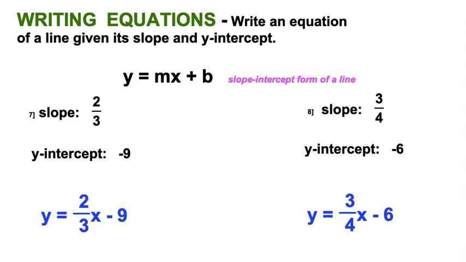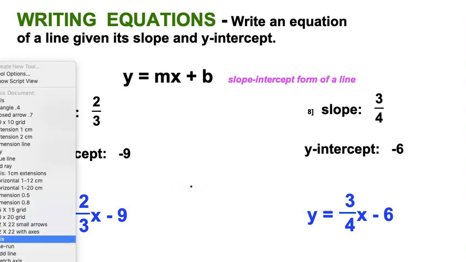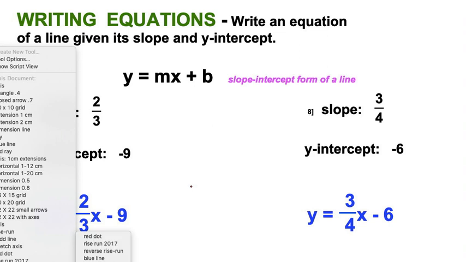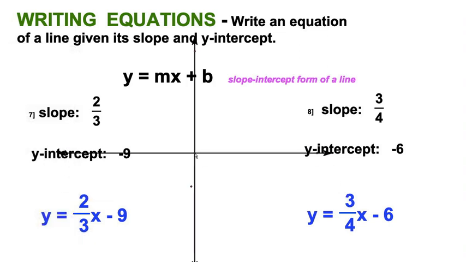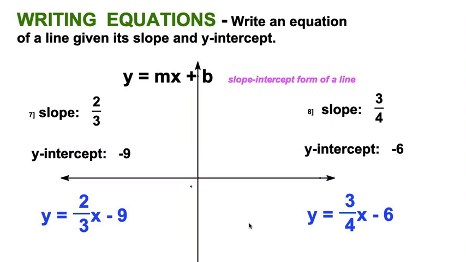If I were to sketch the axis, no, wrong one. Hang on, let me grab this tool here. I guess I don't have it. Oh, there we go. If I had an axis there, in both of these cases, I've got a positive slope and I've got a negative intercept.